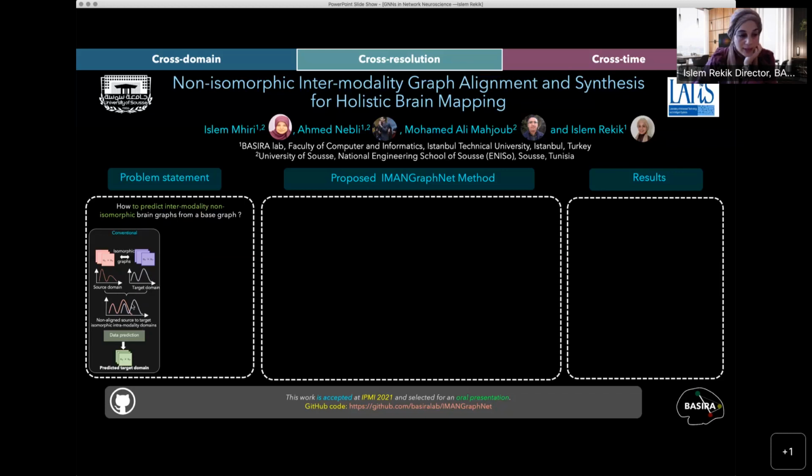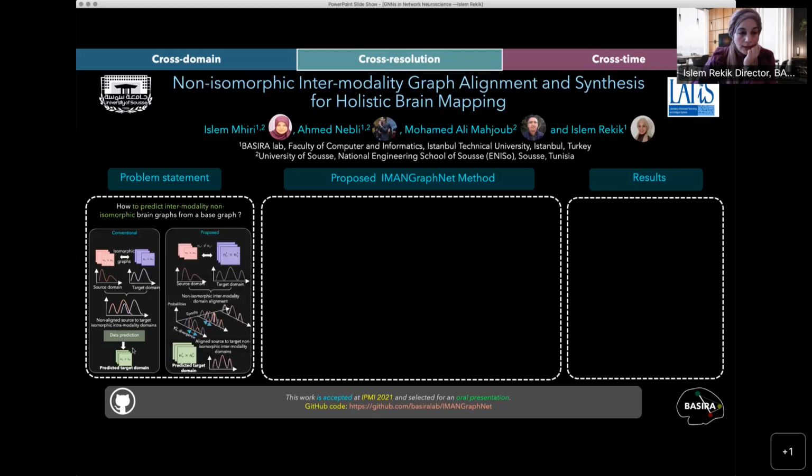So you have a discrepancy that you can see between, for example, morphological brain connectivity and functional brain connectivity. The distribution is not the same. And what we want to learn is a mapping that allows us to predict these graphs, the purple ones, from the pink ones. So what we propose here is to solve both problems simultaneously, which means we super-resolve the graph.